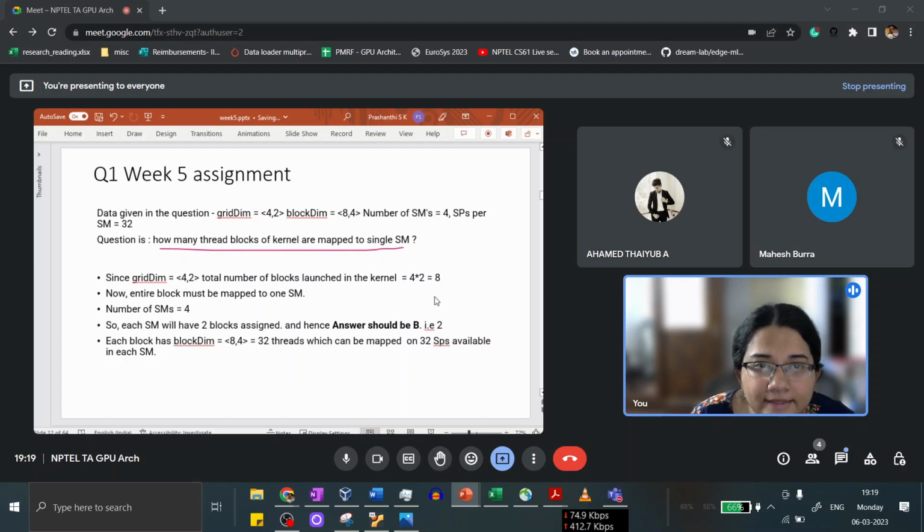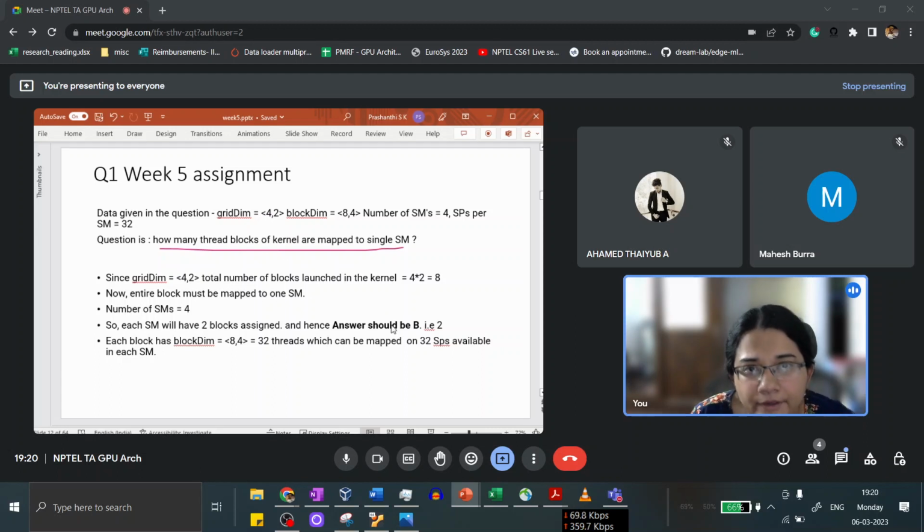I think this person was confused because they calculated it for the entire kernel, and this question might have been more clearly worded, for instance, how many thread blocks of a kernel at a time are mapped to a single SM. But unless it is otherwise mentioned, you can take it to be at a time.